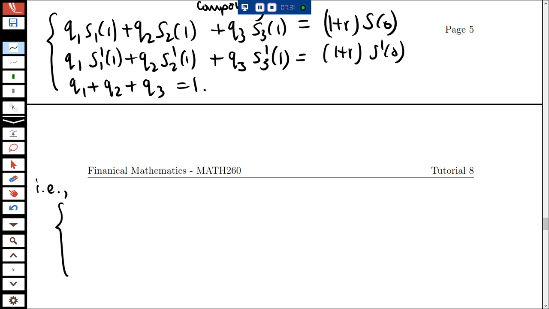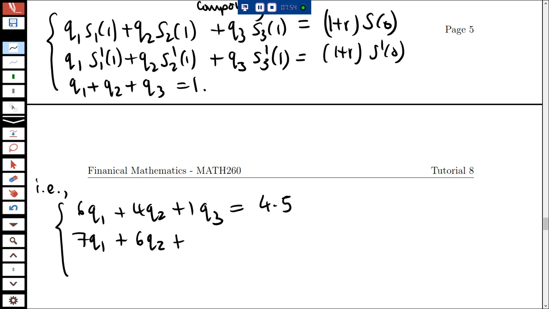Using those values, we have 6 Q1 plus 4 Q2 plus 1 Q3 is 1.5. 7 Q1 plus 6 Q2 plus 2 Q3 is 5.4, and then the sum condition, which equals 1.0.